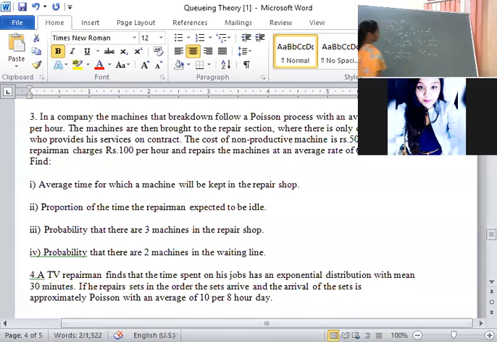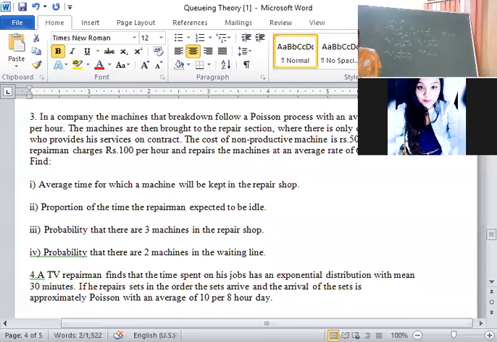These formulas you should remember. Then another formula I told, there are k customers: probability of n greater than or equal to k. Only these formulas. Among these 6, any 4 will come.